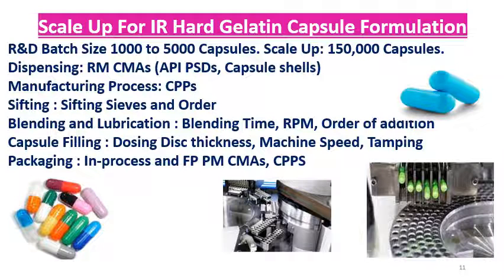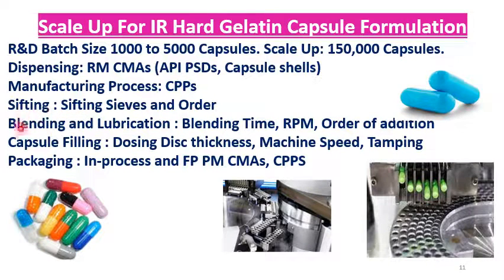These shifting sieves are the change part of the machine, and order of shifting will be a CPP. Sometimes co-shifting is done, and that co-shifting will have an impact on the proper shifting and mixing of the excipient.